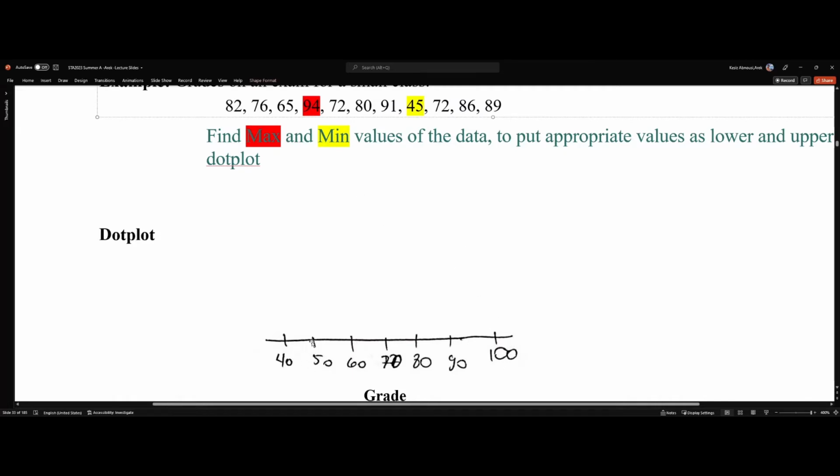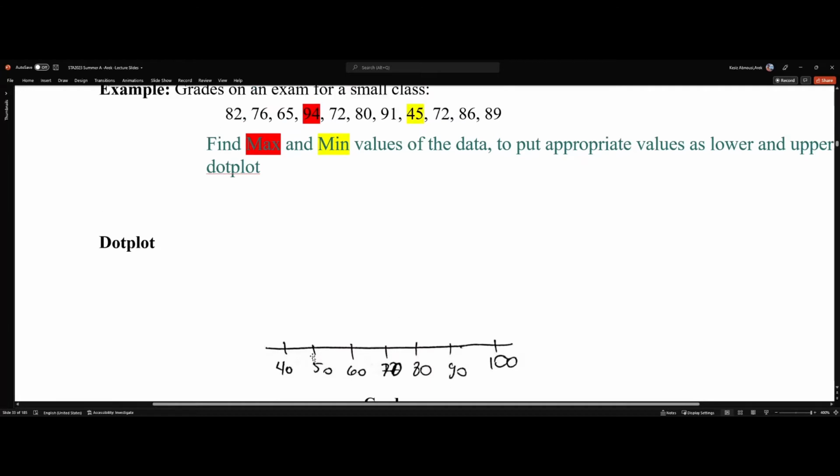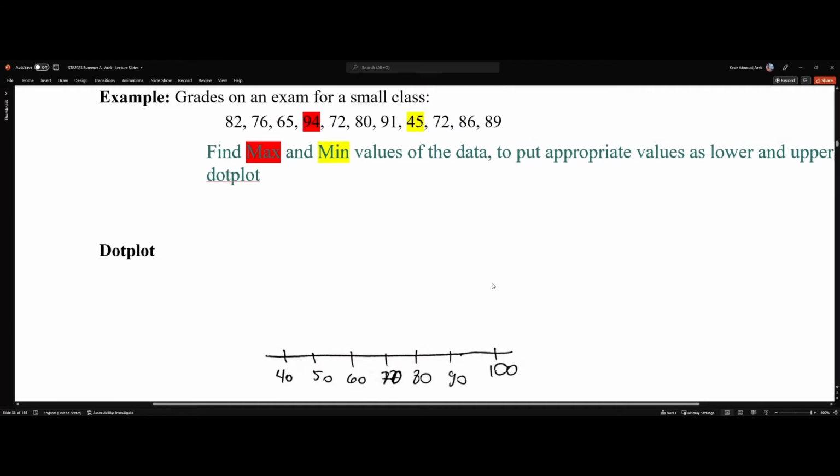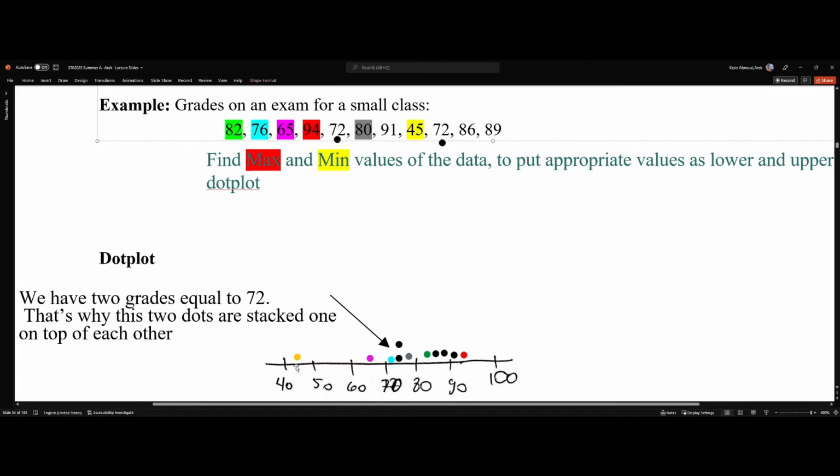These distances usually have to be equal. So on the x-axis we have the grades. These are all grades, right? Let's start from the yellow, which is the 45. It's clear that it's between 40 and 50.